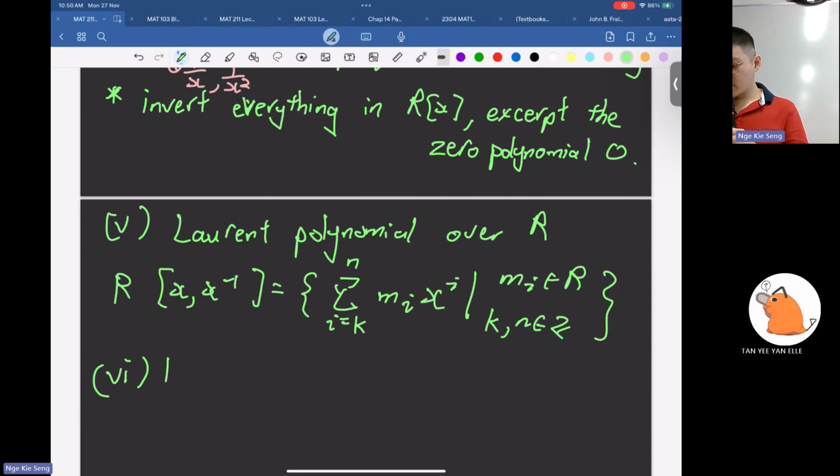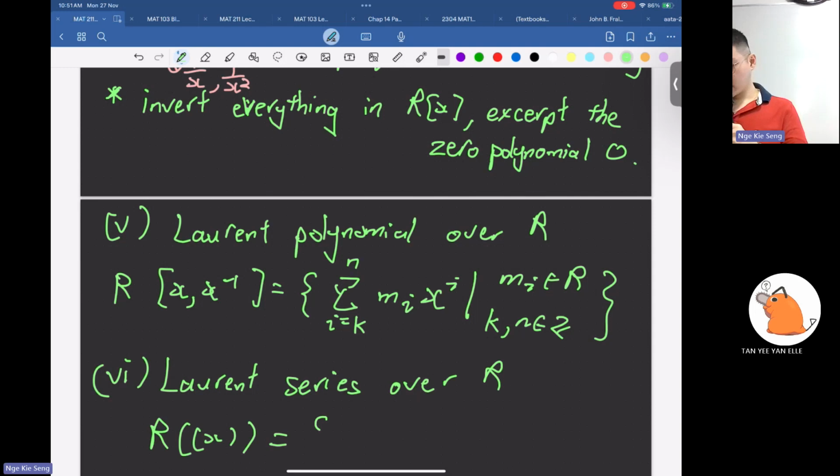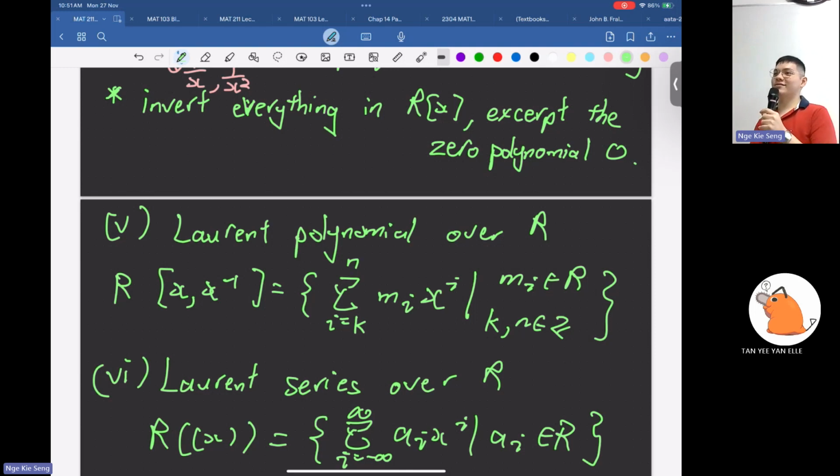This is what we call the Laurent series, and Laurent series will be used in complex analysis. This is a double bracket x notation. Your task is to try and show that all these things are rings.